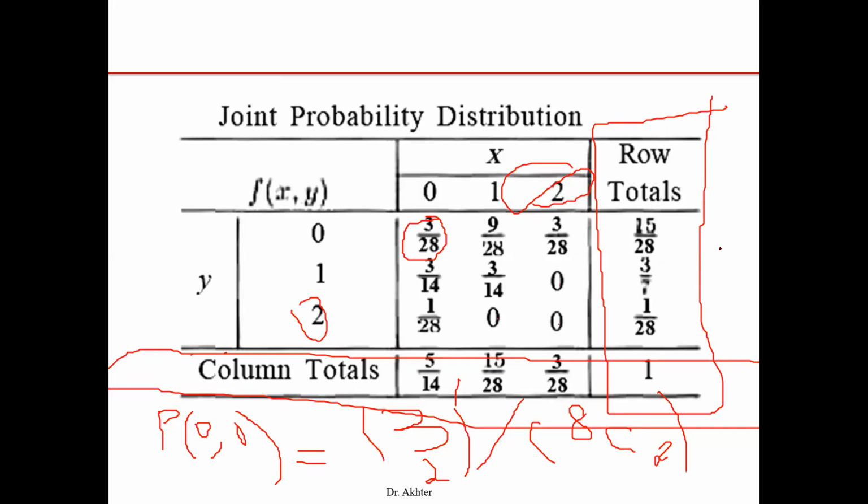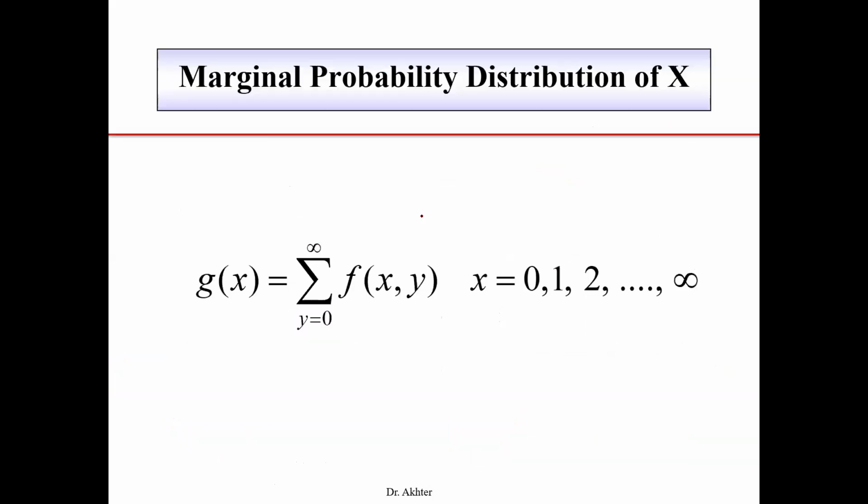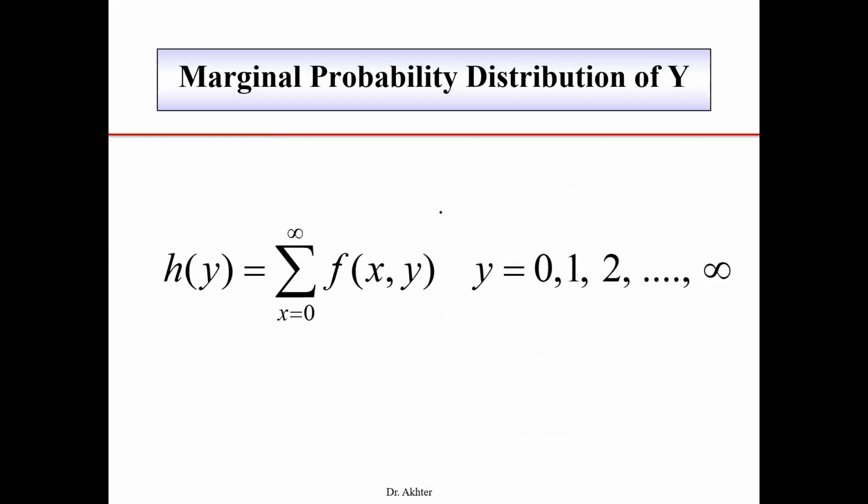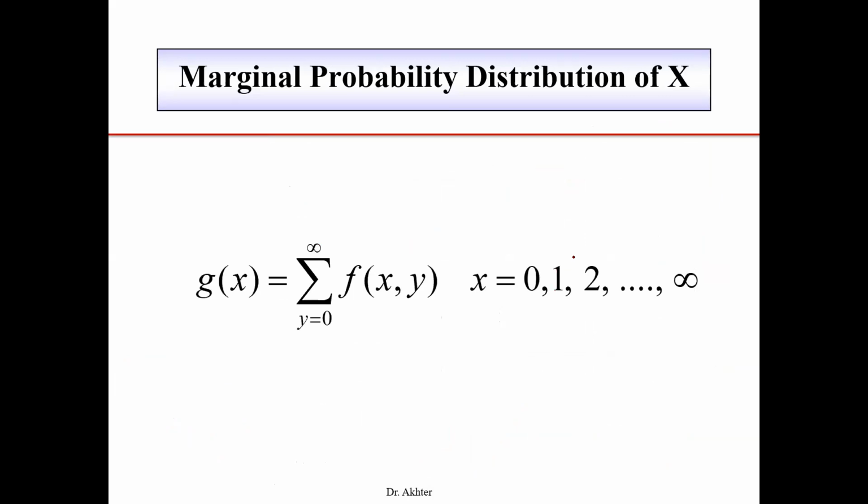If we sum the probabilities along y, then this is called marginal of x. And vice versa. If we sum the joint probabilities along x, it is called marginal of y. So marginal of y is a single variable probability distribution. Marginal of x, represented by g(x), is a single variable probability distribution.